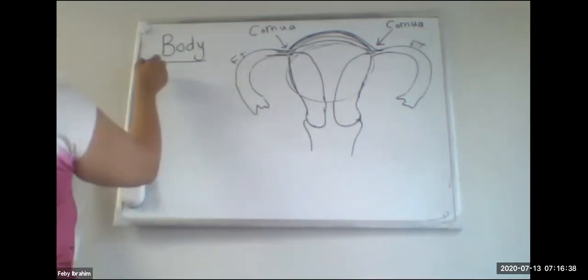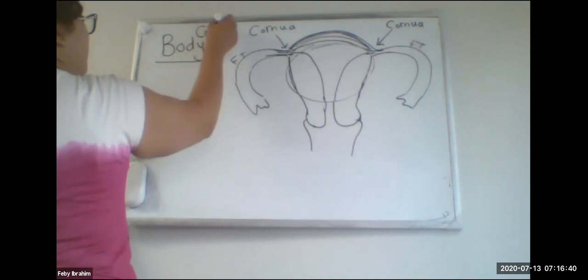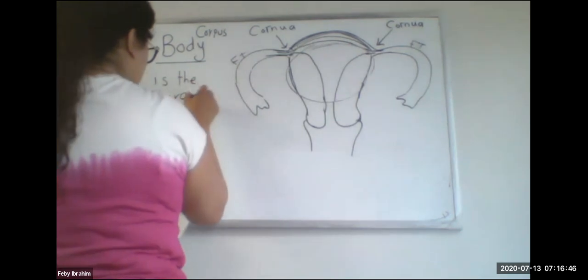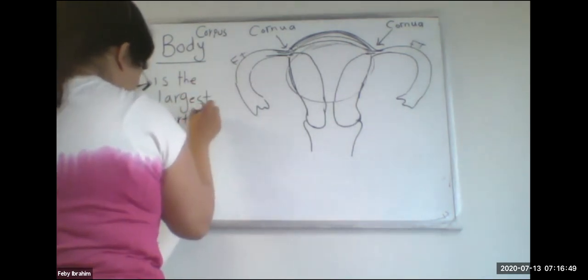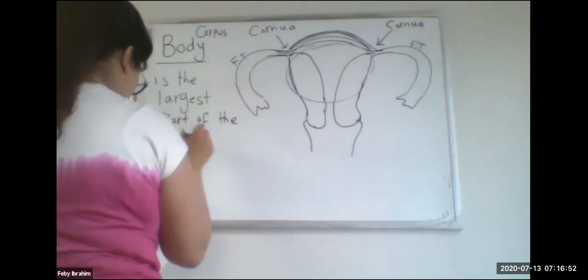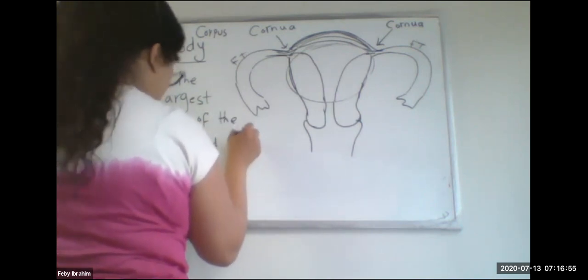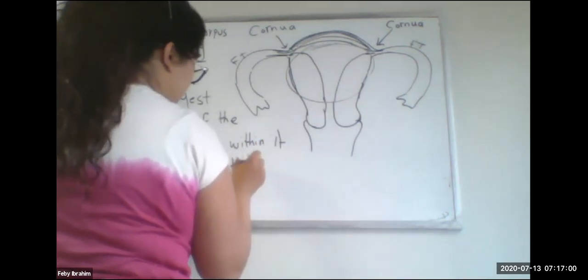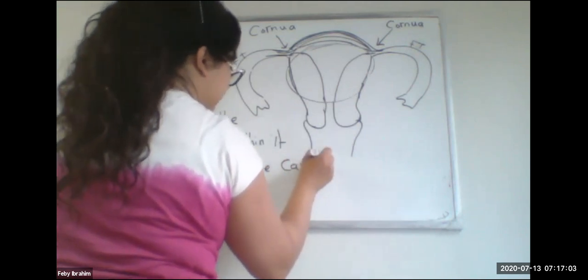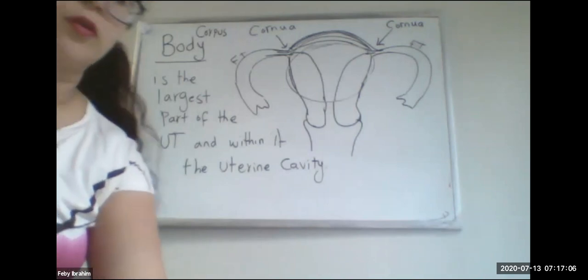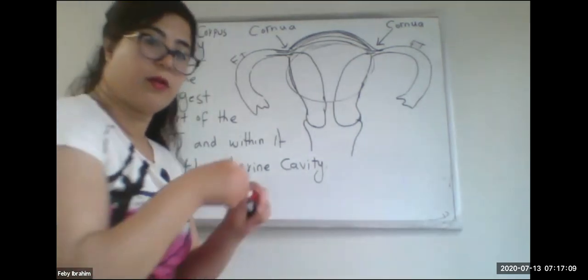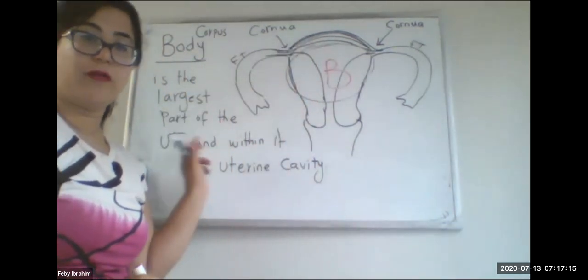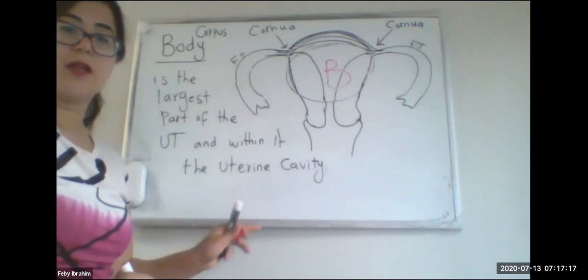The body, also known as corpus, is the largest part of the uterus, and within it is the uterine cavity.